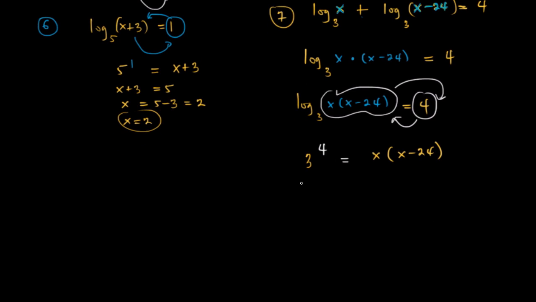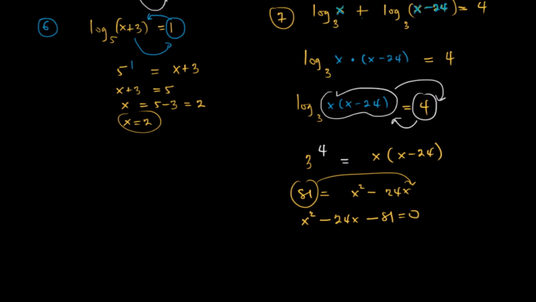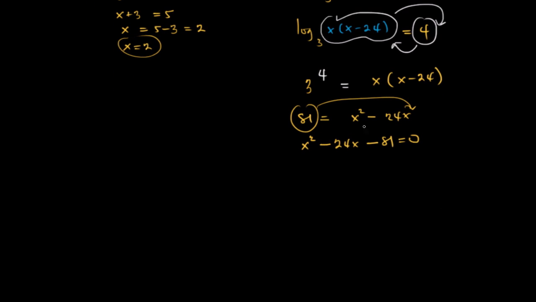So 3 to the power 4 is 81 equals, now x times x, that's x squared, minus x times 24, that is 24x. So to solve for x, you can bring 81 to this side, so you have x squared minus 24x minus 81 equals 0. This is a quadratic equation which we have covered in a previous video.